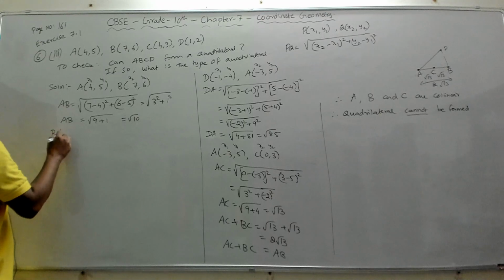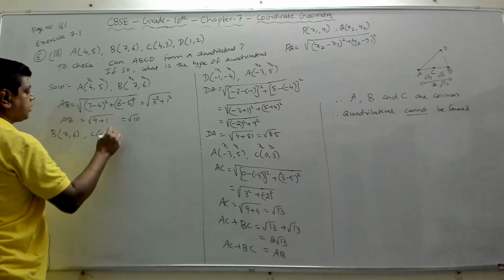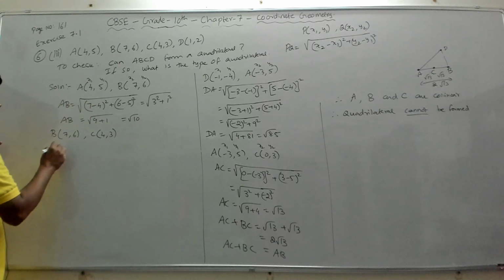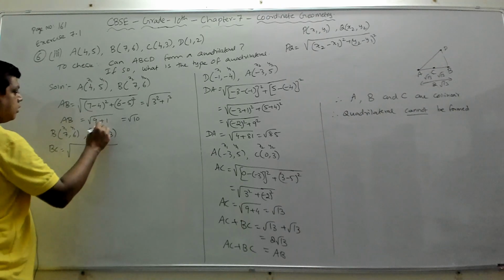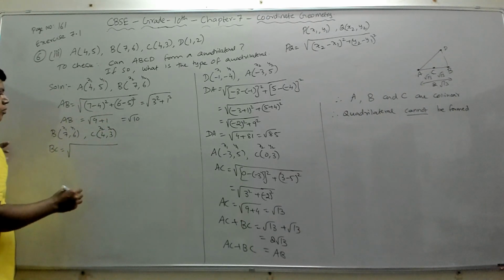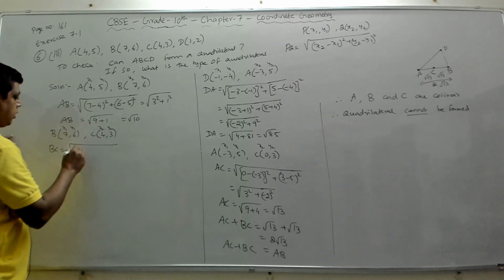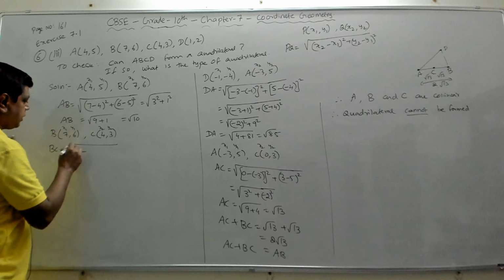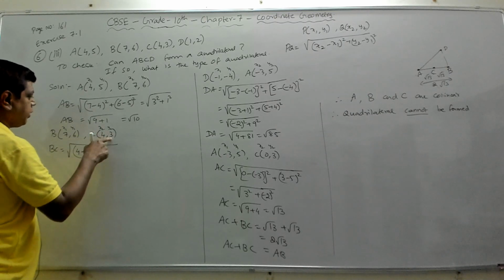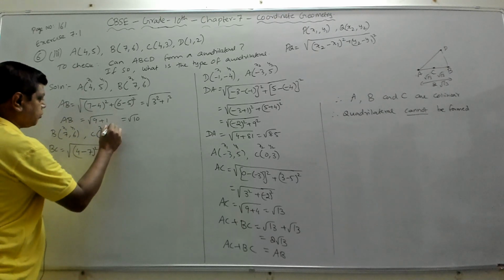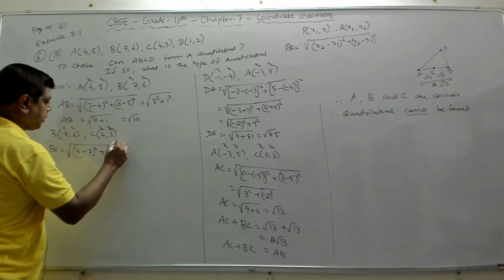Let's find BC. B is 7 comma 6 and C is 4 comma 3. Now again let's use the distance formula. BC is the square root of (x2 minus x1) the whole square, that is 4 minus 7 the whole square, plus (y2 minus y1) the whole square, that is 3 minus 6 the whole square.